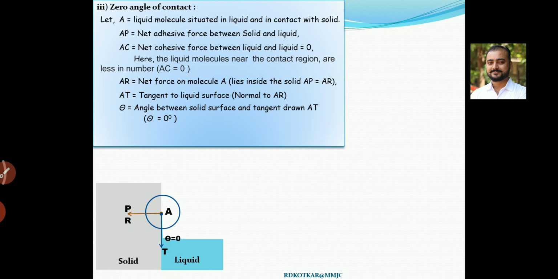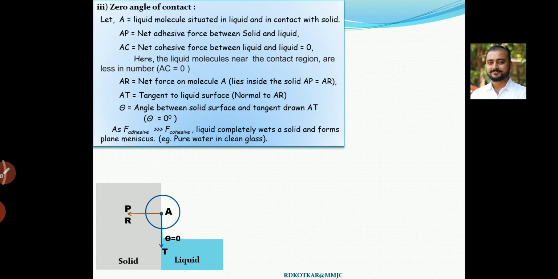So here the liquid level lies in such a way that the tangent is parallel to the surface of the solid, and so we can say the angle between the tangent drawn and the solid surface is equal to 0.